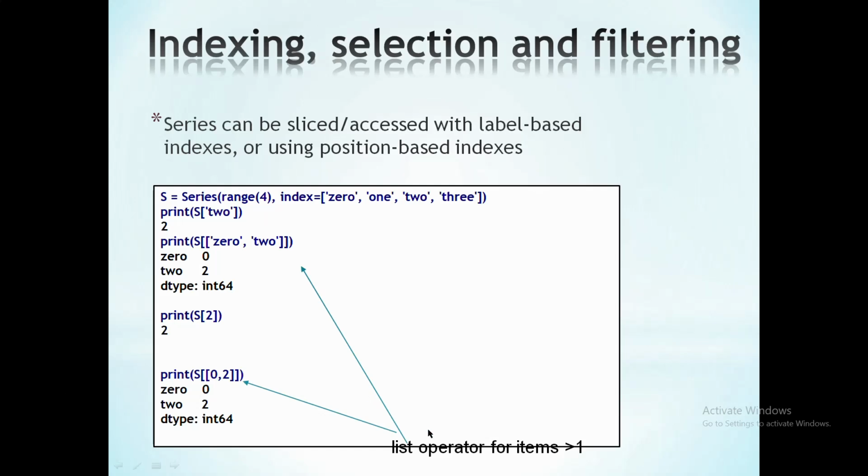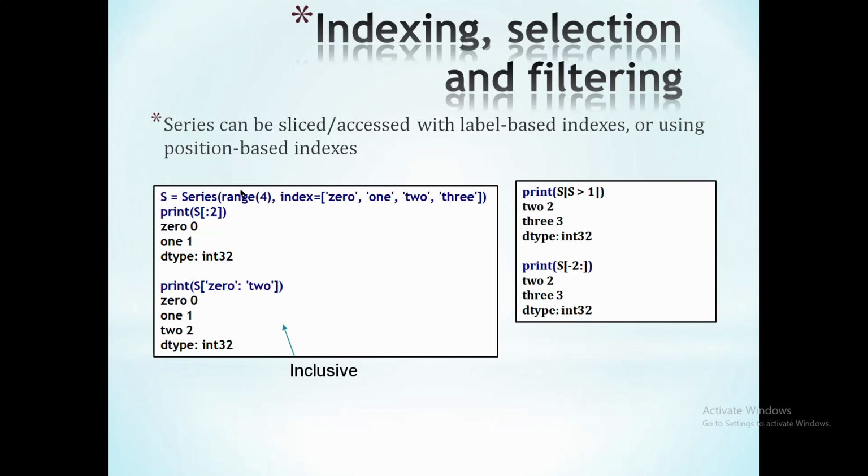This is called list operations for items. Instead of defining the values, you can use the range function. A series will be created with a range of values starting from 0 to 3. Then there is slicing or accessing using label based indexes or position based indexes.